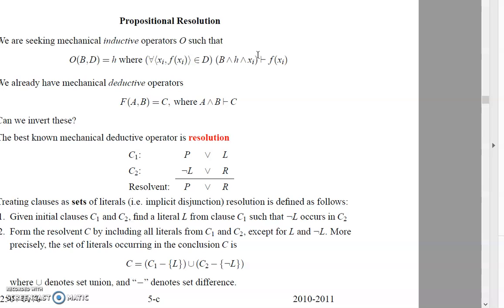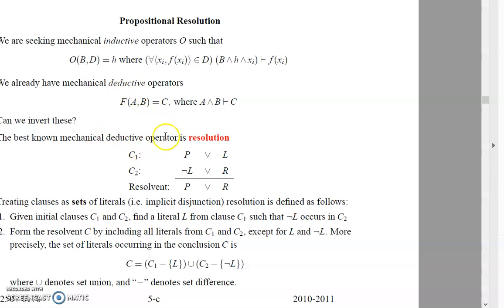So this is the mechanical inductive operator, and I can also say mechanical deductive operator, which takes an expression like f of a comma b is equal to c, meaning a conjunction b is deduced from c. So a conjunction b, deduction symbol, and c. This is the general mechanical deductive operator.